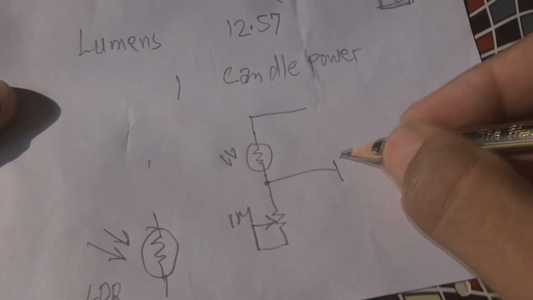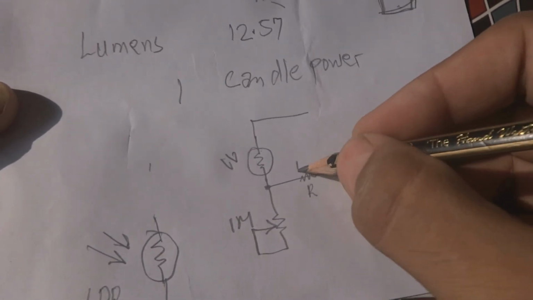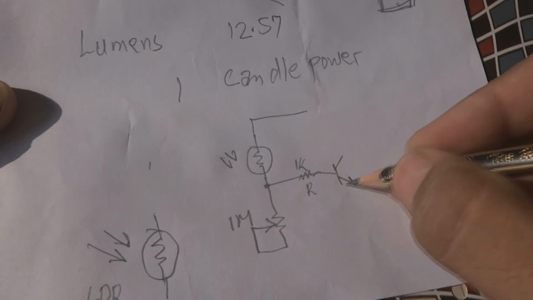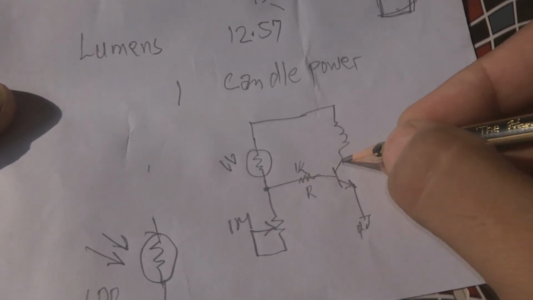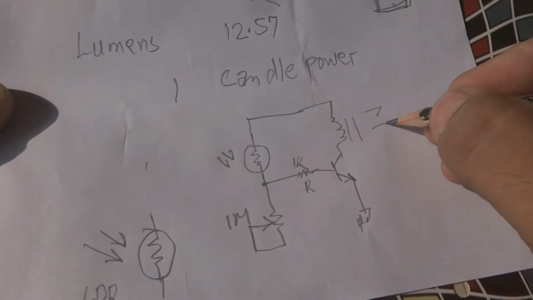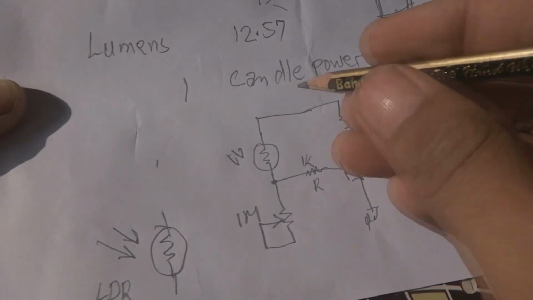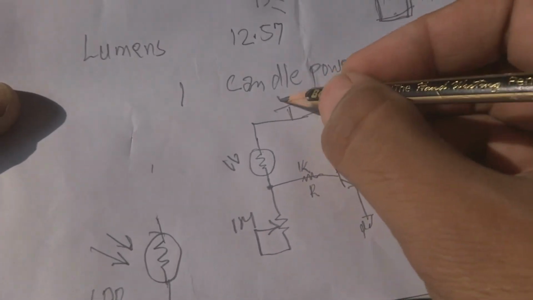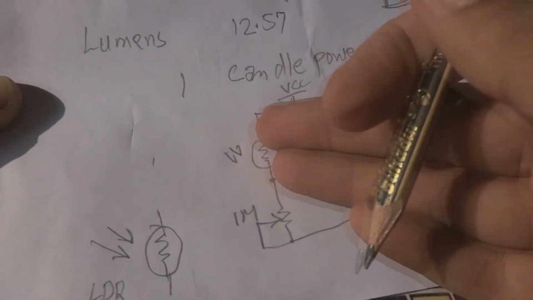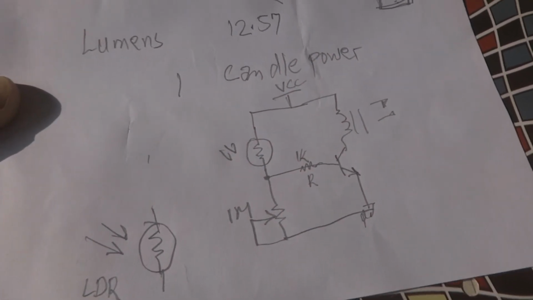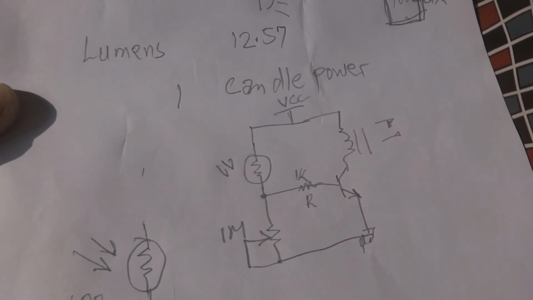If you reverse these components, it will be activated in the light and deactivated in the dark. You can use these relay terminals in your circuit, with VCC over here and ground here. In this way you can make your circuit, and you will be able to control your appliances through this relay.